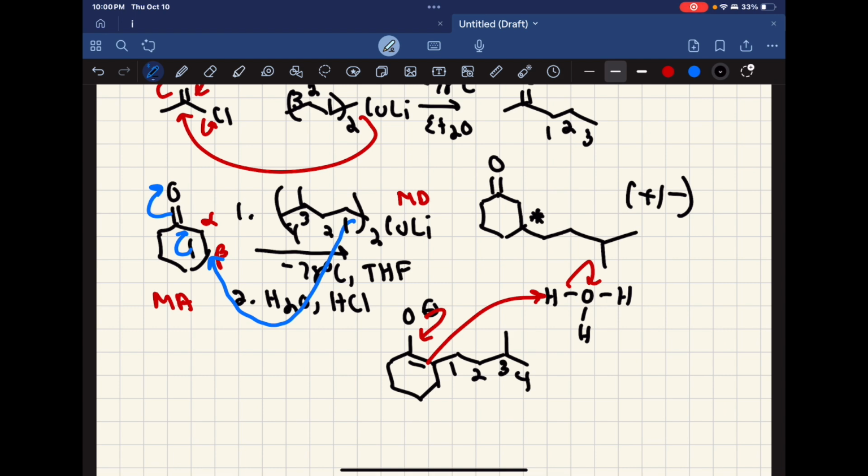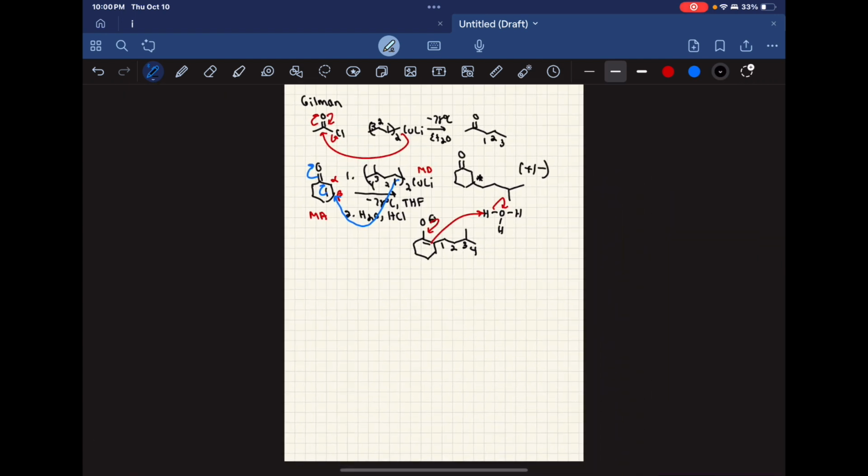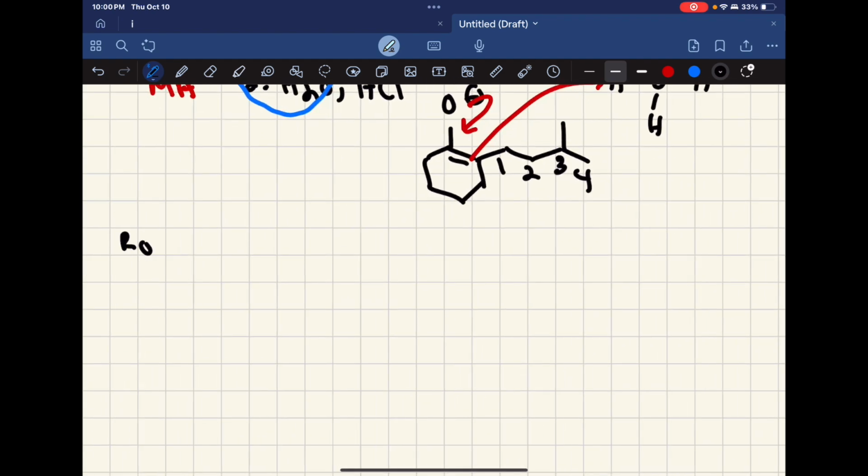Let's think, I guess now we can go on to Robinson annulation. So Robinson is the very end of this material. Robinson annulation is the last of all the enolate chemistry reactions we have seen, and it is essentially just one final step after a Michael reaction.